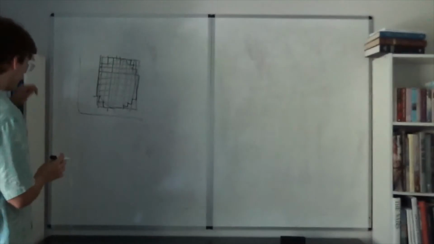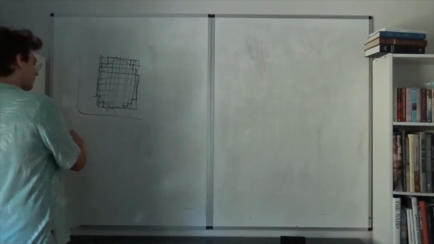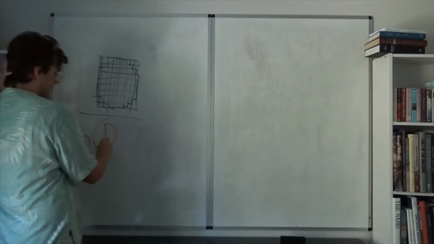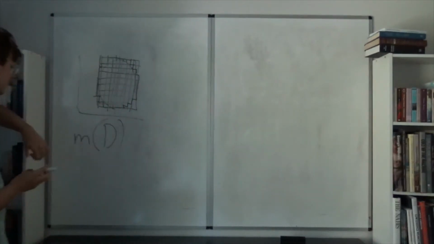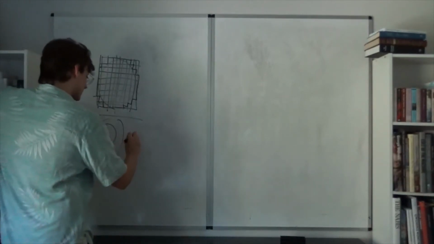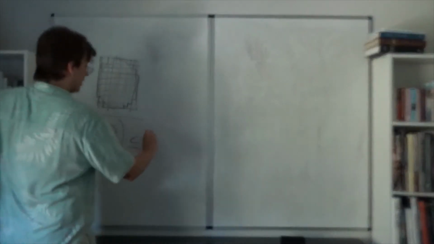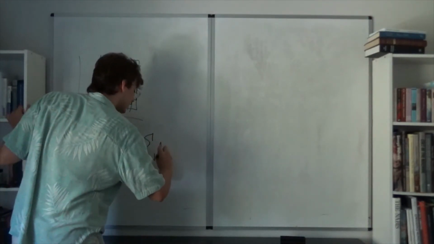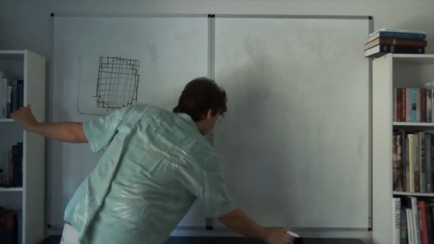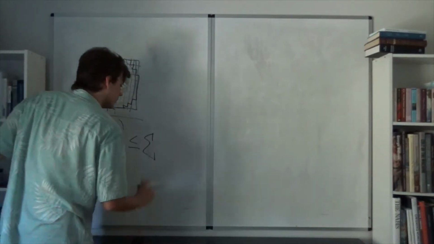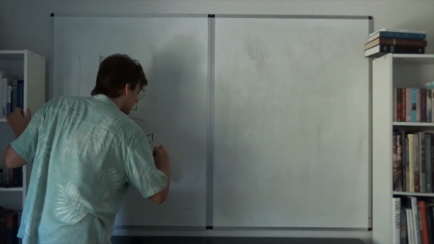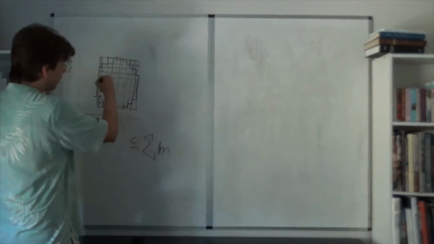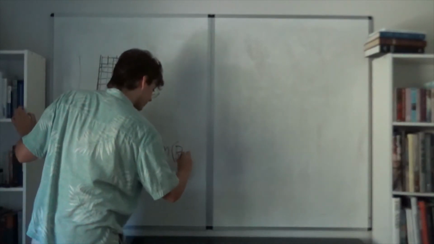The idea is, the measure of this circle, I'll call it the disk, the measure of this disk will be less than or equal to the sum of all of the area, the measure of all of those rectangles.